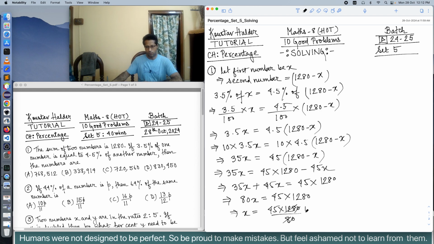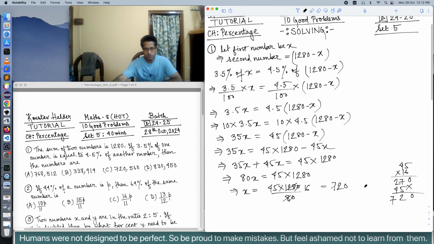Let's see, 1 and 6. So now we have to find what is 45 multiplied by 16. This is 30, 24, 27 and 45. This is 0, 2, 720. So x is equal to 720. That is, the first number is x, so the first number is 720.